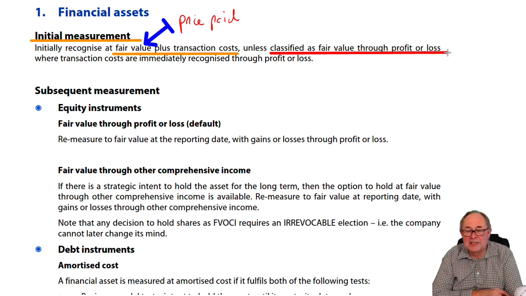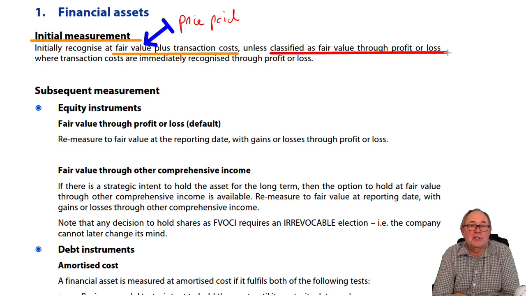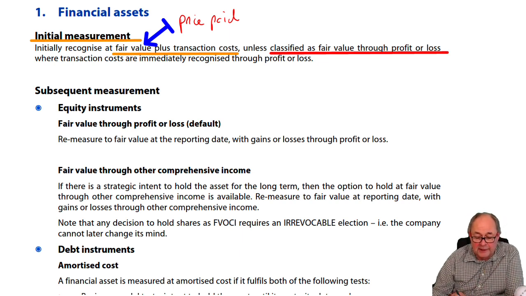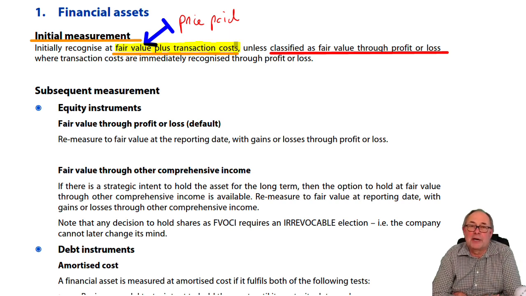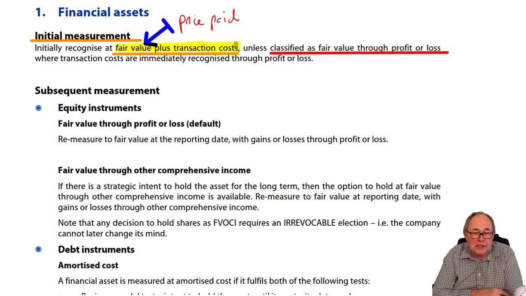Particularly with shares, you can measure them at fair value and put gains or losses in P&L, in which case transaction costs like broker's commission, local taxes or something like that are expensed in the P&L. But our starting point is always to say price paid plus any transaction costs, at least usually. That's what happens at time naught.